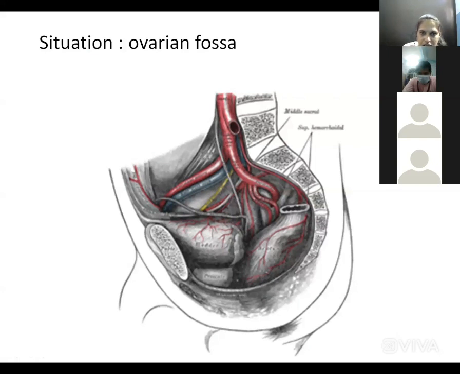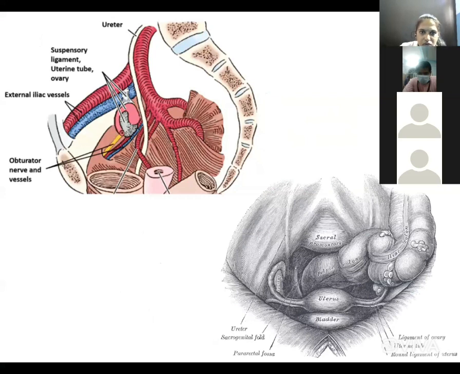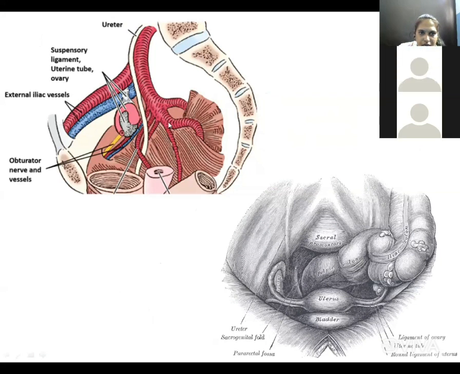Now we will see where exactly this ovarian fossa is. This is the iliac artery dividing into the external iliac and internal iliac artery. Similarly, these are the iliac veins, external iliac, and here is the internal iliac. From the internal iliac, the obliterated umbilical artery is there, which is not shown in this diagram, but this is the ovary.